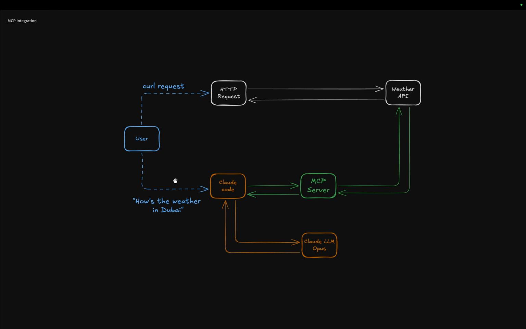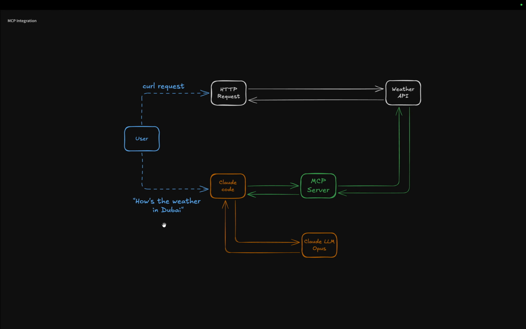On the contrary, let's say you have an MCP server for the weather API available to you, and you have connected your Claude Code to that MCP server, which in turn eventually connects with the weather API. How would that experience look? As a user, you will provide a user prompt to Claude Code: how's the weather in Dubai?